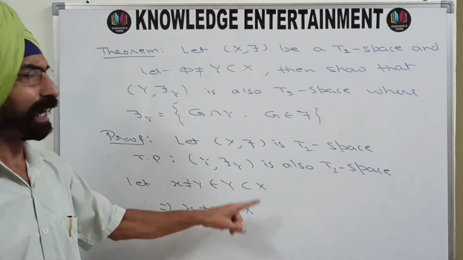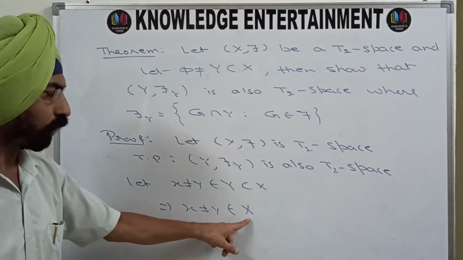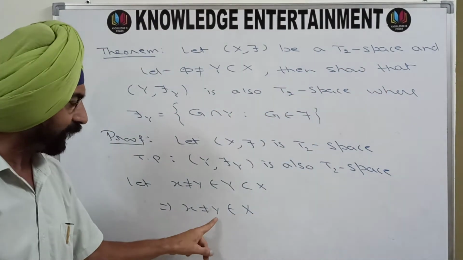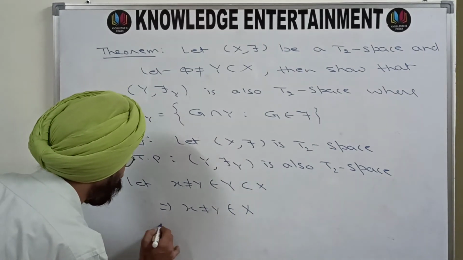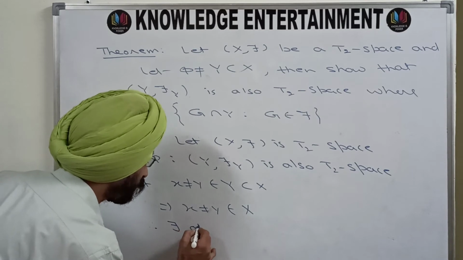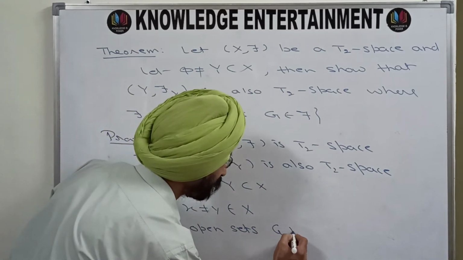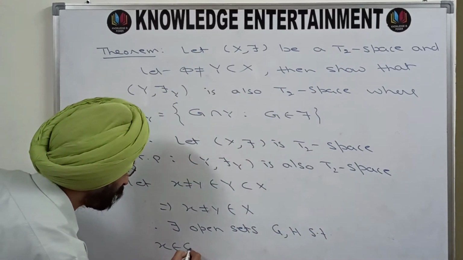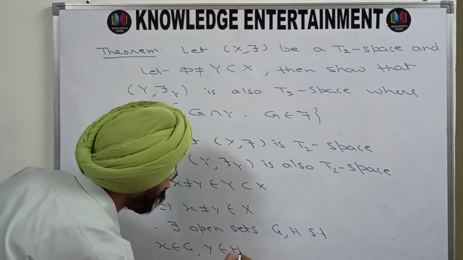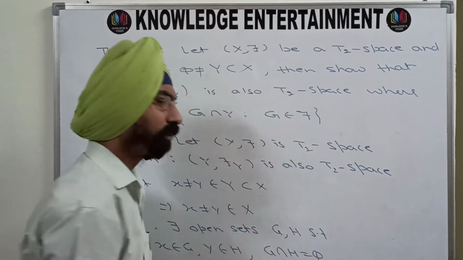But what about X? X tau is given to be T2. Since X tau is given to be T2 and x and y are two distinct elements of X, therefore by definition of T2 space, there must exist open sets G and H such that x is contained in G, y is contained in H, and G intersection H is phi.